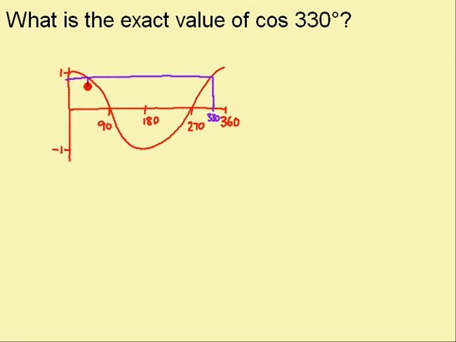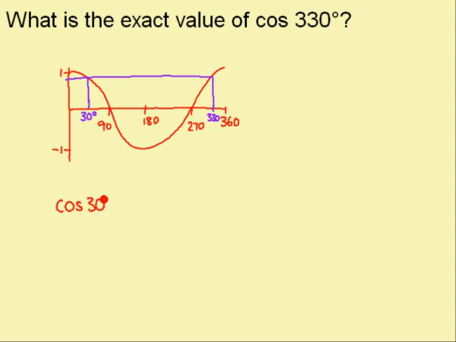And I can see that it's the same as the value of cos whatever this is. Now this is 30 degrees away from the 360, so this must be 30 degrees away from 0. So the value of cos 330 is the same as the value of cos 30.